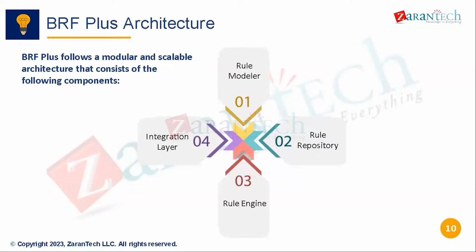Why have they provided a rule repository? Because this is the framework which is designed especially for rules. Correct. So: rule modeler, rule repository, rule engine, and integration layer. Now we will discuss them one by one.